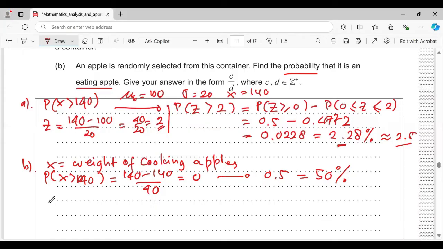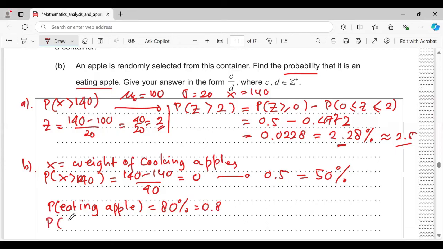The probability of an eating apple, according to the information, is 80% or 0.8.